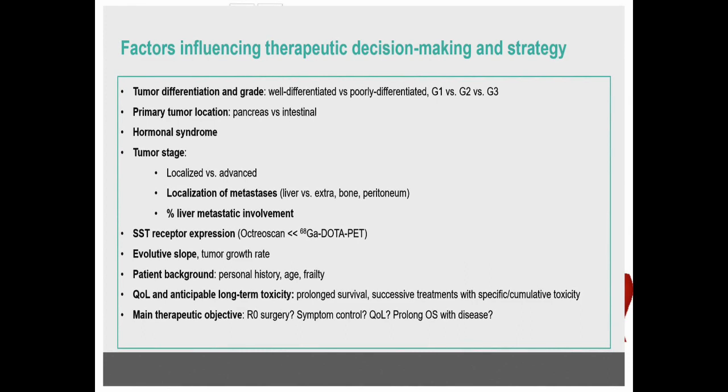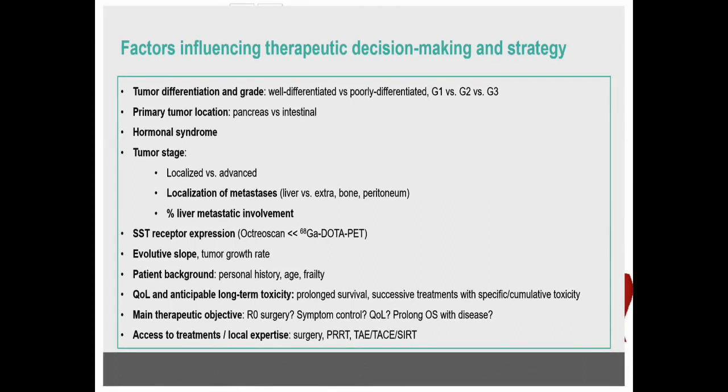And finally, what is the main treatment objective? Is it surgery, which is possible but rarely in patients with metastatic disease? Is it symptom control? Is it only quality of life or prolonging overall survival? And of course, last but not least, what treatments are available at the place you are working?